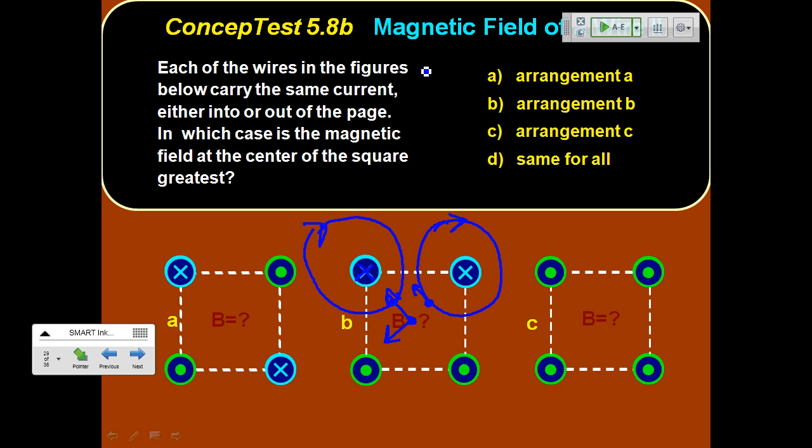Let's see. Now, down here, this is coming out of the page, so these magnetic fields are going to be counterclockwise, like that. Due to this one on the left, it's going to be up and like that. And the one here at this point is going to be down and to the right. So the magnetic field here is going to be to the left. Now, if you look at all these others, if you add them all up, they look like this, and those then have a net magnetic field of what?